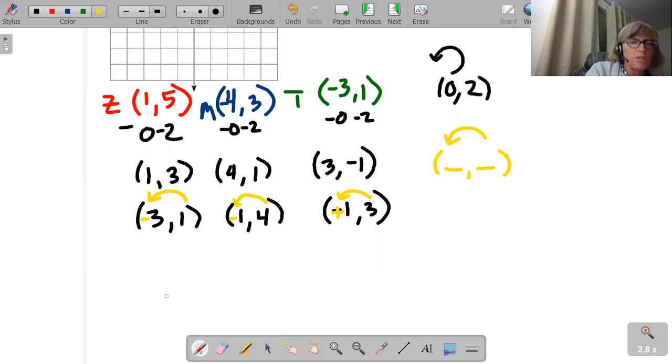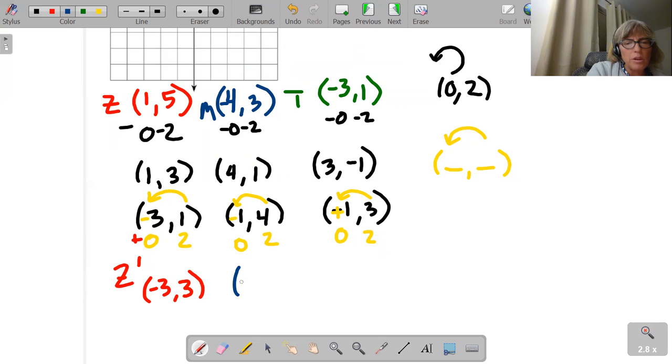Last but not least, you're going to add back the points. We shifted, we messed with it, and then we're going to add it back. So we're adding 0, 2, and your final Z prime is going to be negative 3, add back the 0, so it's negative 3, 1, add back the 2, so that's 3.